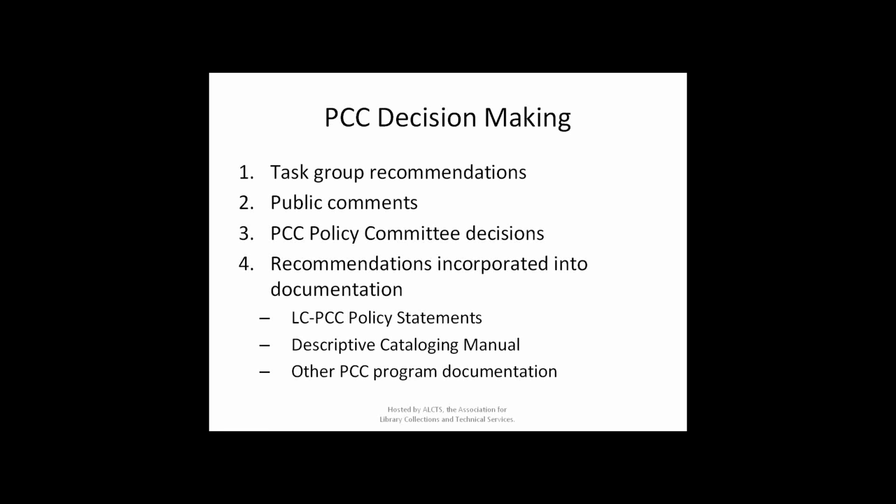And then the PCC Policy Committee makes its decisions based on comments and the group's recommendations. And ultimately those recommendations get incorporated into PCC documentation, such as the LC-PCC policy statements, the Descriptive Cataloging Manual, and other PCC program documentation.